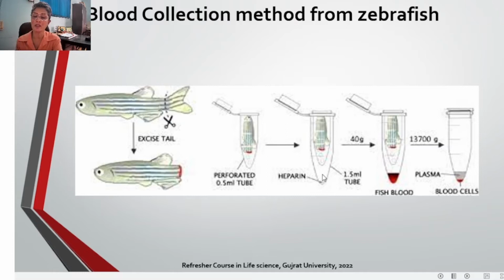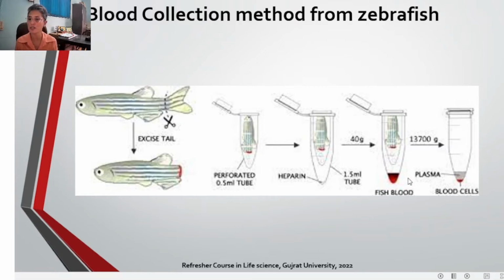This second tube must contain heparin, which is the anticoagulant. After that, the tube is placed in the microfuge centrifuge and centrifuged for 5 minutes at 550 rpm. Once again, centrifugation is done at 10,000 rpm for 5 minutes.